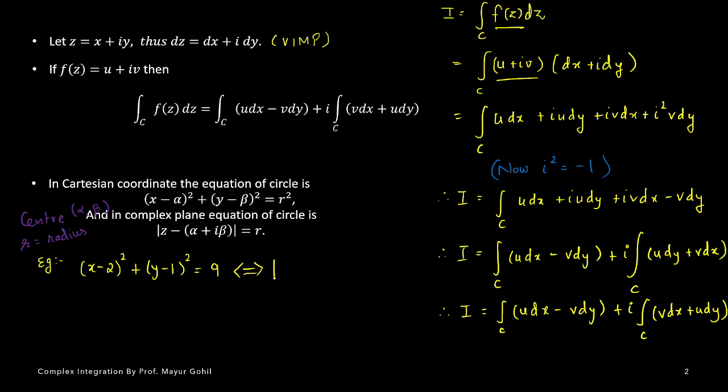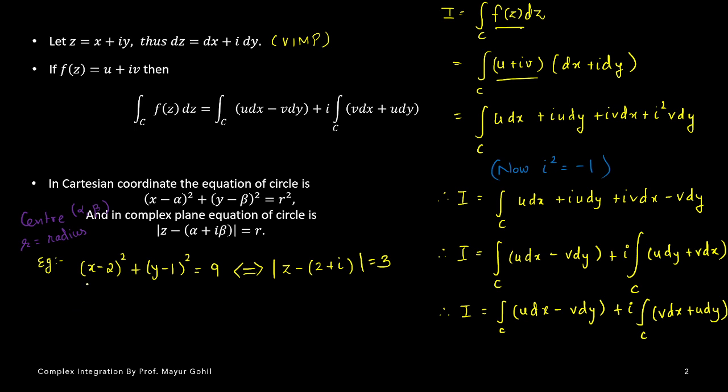This equation of the circle will be mod of z minus, alpha is 2, then plus i times 1, beta is 1, so i times 1 is i over here, and then you have the radius, which is the square root of 9. The square root of 9 is always positive, we are supposed to take it for radius, so that's going to be 3. So your equation of the circle is this.